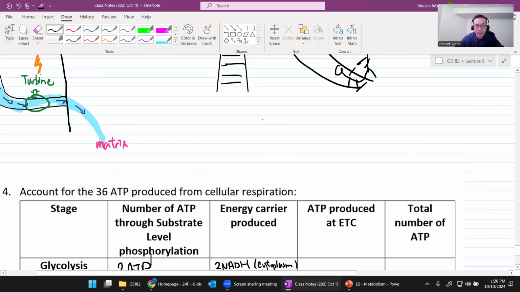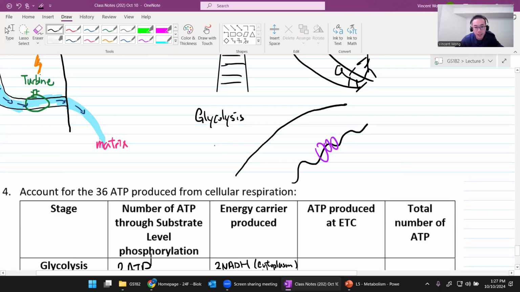Okay, so now bear with me for a second, please. You don't really have to draw this. You can just watch and listen. This is the outer membrane. This is the inner membrane. This is the ETC. So glycolysis happens here, which you already know. We've created two NADH here, and it's supposed to take it to the ETC. But the problem is NADH is actually quite big, and it's not able to cross two layers of membrane by itself.